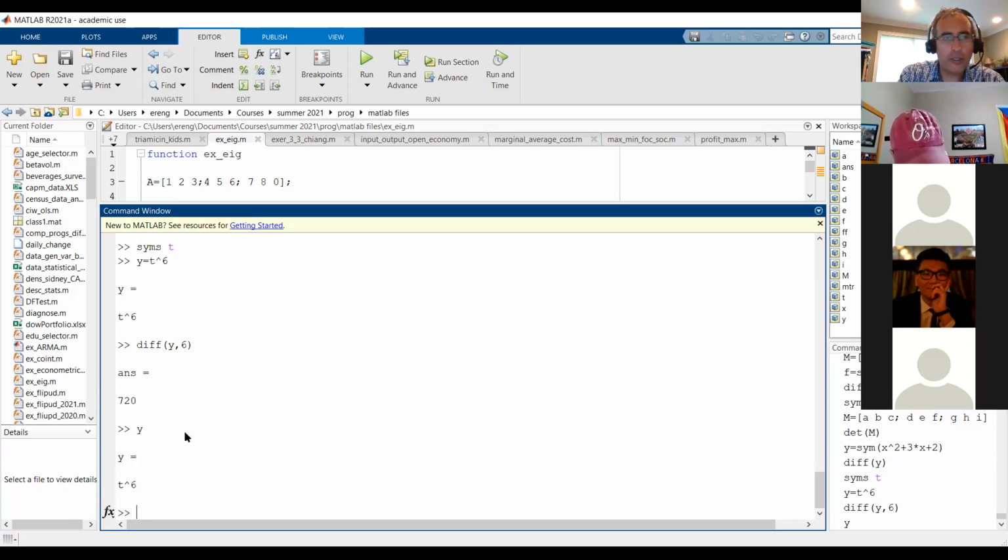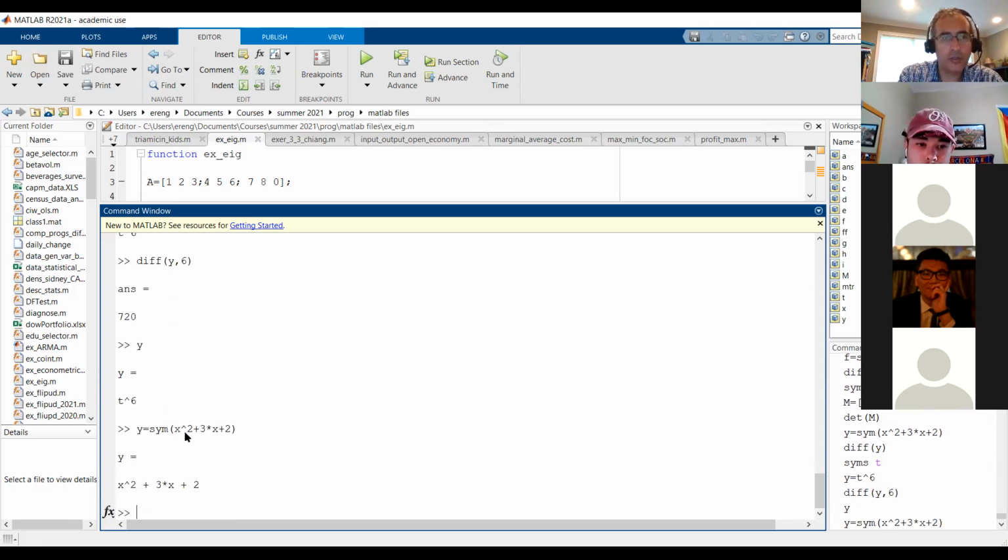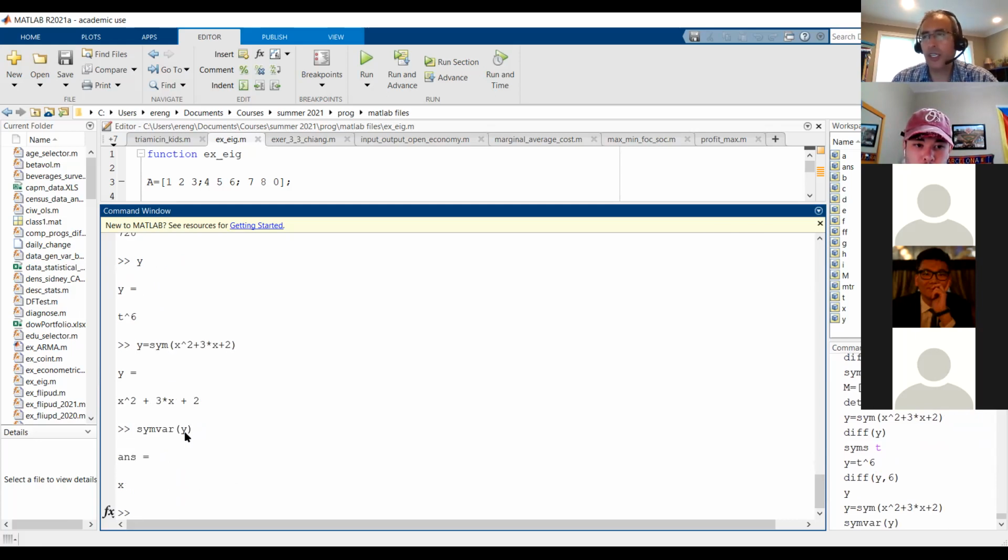Now, sometimes, guys, you are interested in understanding which one is the variable that MATLAB is considering. So for that we use symvar, symbolic variable of y, and it tells you it is x. For example, let's do symvar of 3 times y plus c.